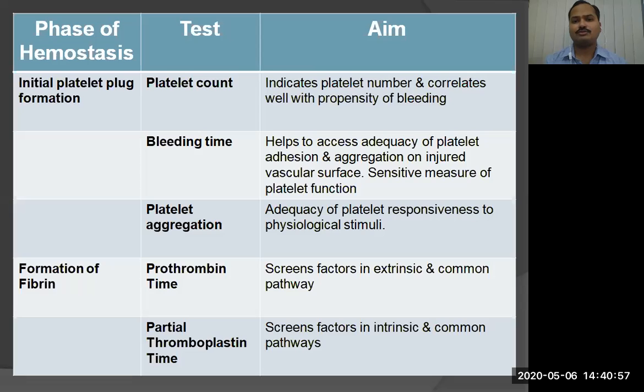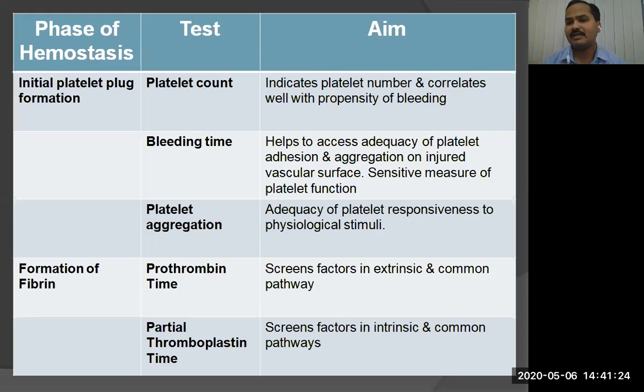The platelet count indicates the number of platelets present to reduce the propensity of bleeding. The bleeding time also helps to assess the adequacy, meaning the qualitative function of the platelets, and their aggregation on the injured vascular surface. The platelet aggregation tests show the adequacy of the platelet responsiveness to physiological stimuli.